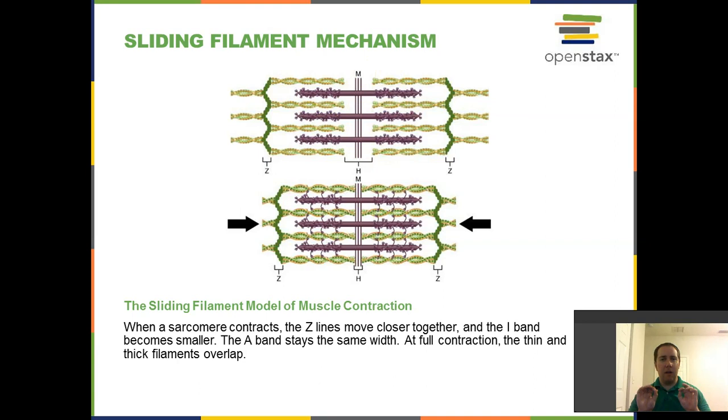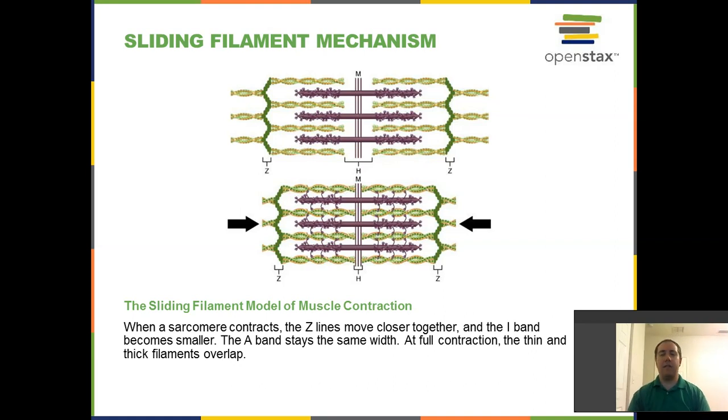They're going to reach up, grab the thin filaments, and pull them towards the M line. Imagine my fingers are the thin filaments, and in between them we have thick filaments. Essentially, the thick filaments are going to pull them together until they reach the M line, and so the sarcomere comes together.